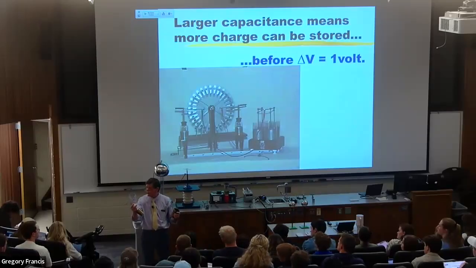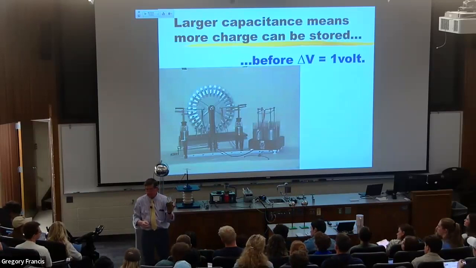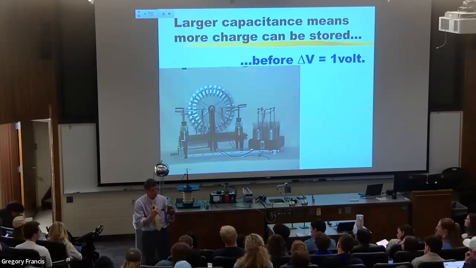That's what he would use as a canning jar. And then he would put a metal foil on the outside of the jar and a metal foil on the inside of the jar. And then one of these would be charged up negative and one would be charged up positive. And the glass is just there to keep it from arcing, to keep it from shorting out, if you will.